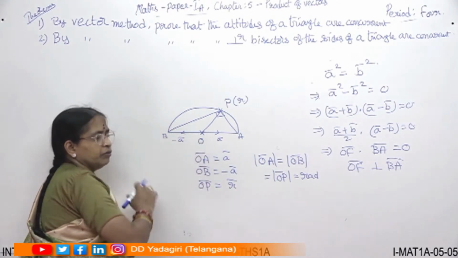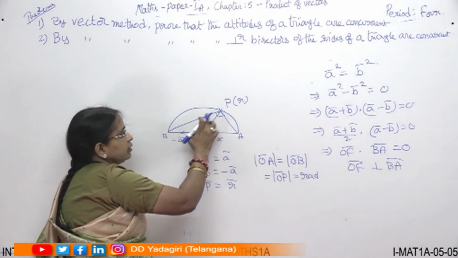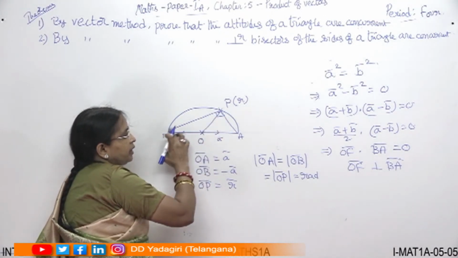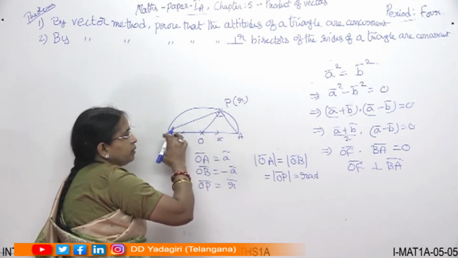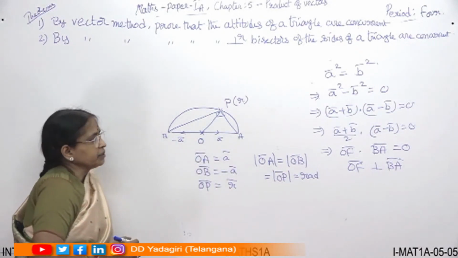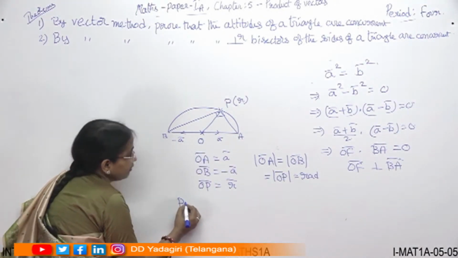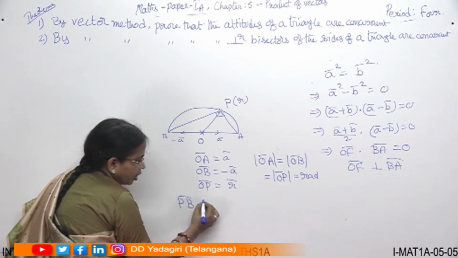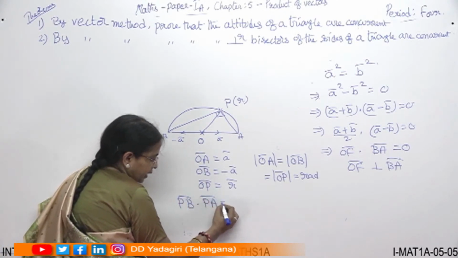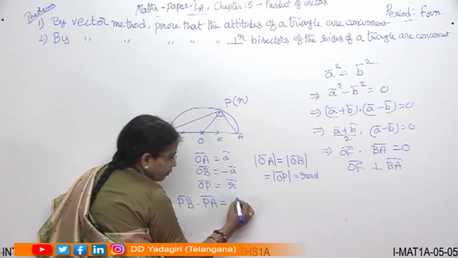So this idea we now need. Now we must show that this angle, that means the angle between PB and PA, is 90 degrees. So what we do is, we'll find PB dot PA. What is PB? OB minus OP.